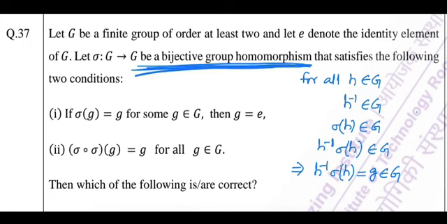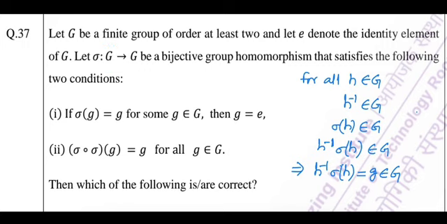It ensures that this is an isomorphism, and in an isomorphism many elements of this G do not map to one element of capital G. One element maps to only one element.